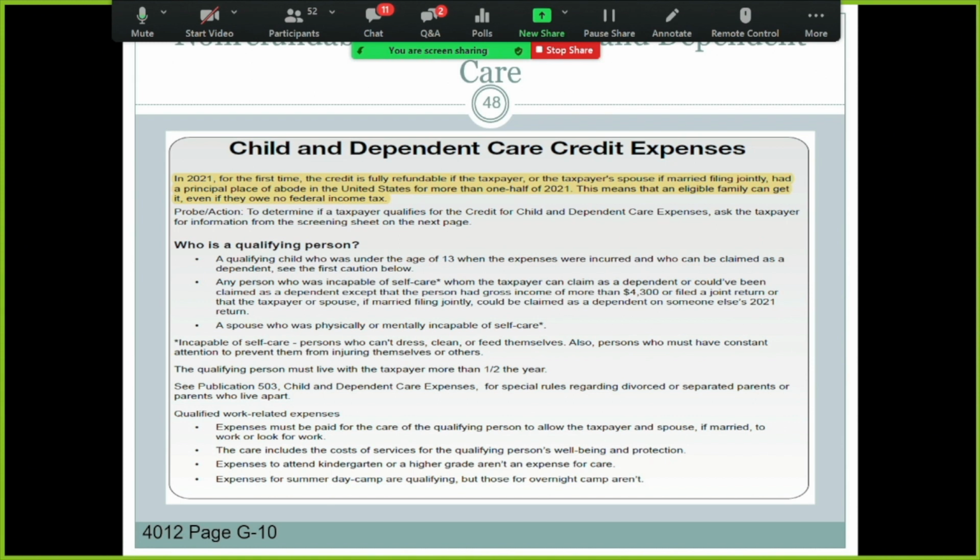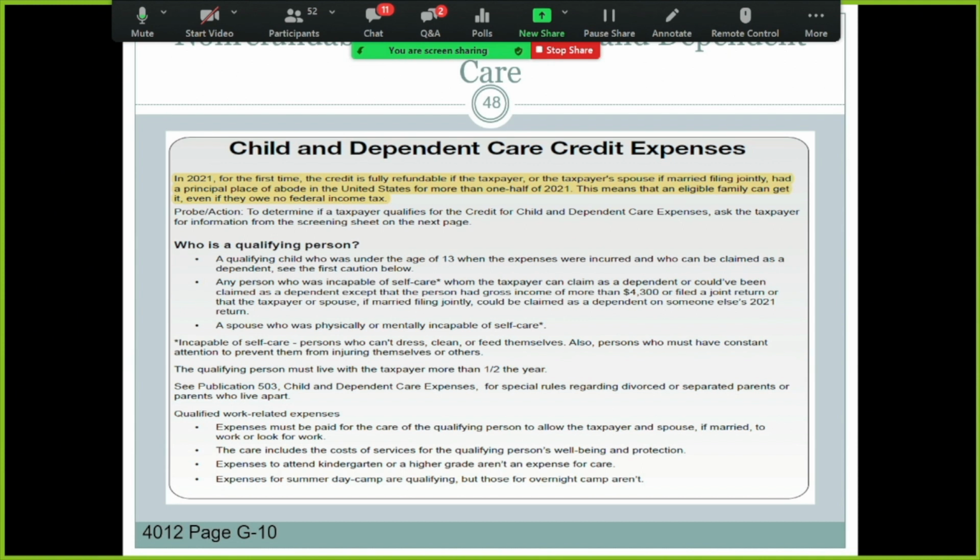In 2021, for the first time, the credit is fully refundable if the taxpayer or the taxpayer's spouse, if married filing jointly, had a principal place of abode in the United States for more than 1/2 of 2021. This means that an eligible family can get it even if they owe no federal income tax. Okay, so that's a change.